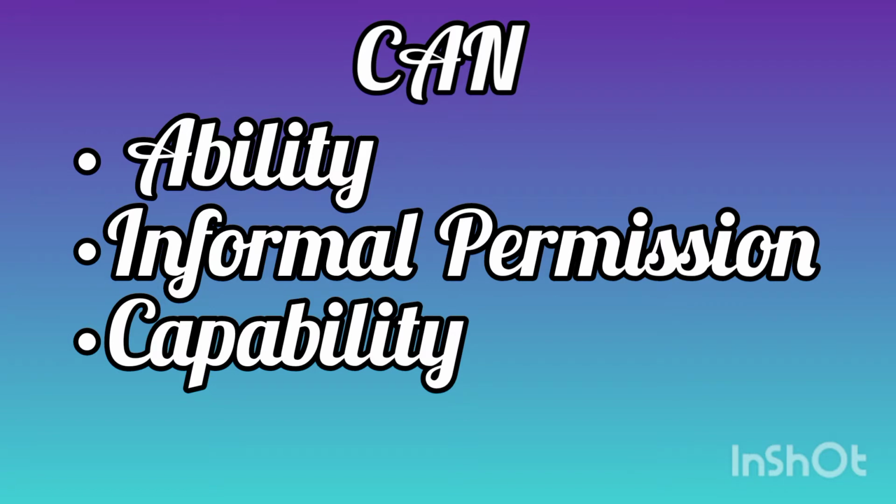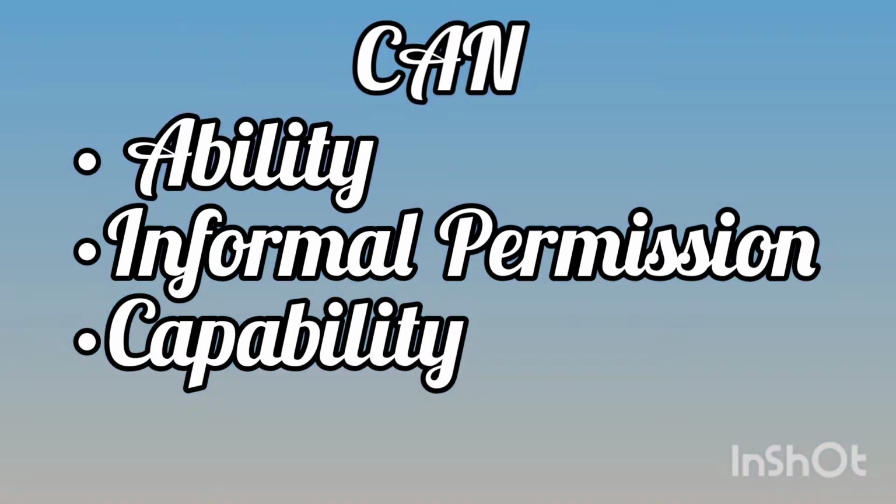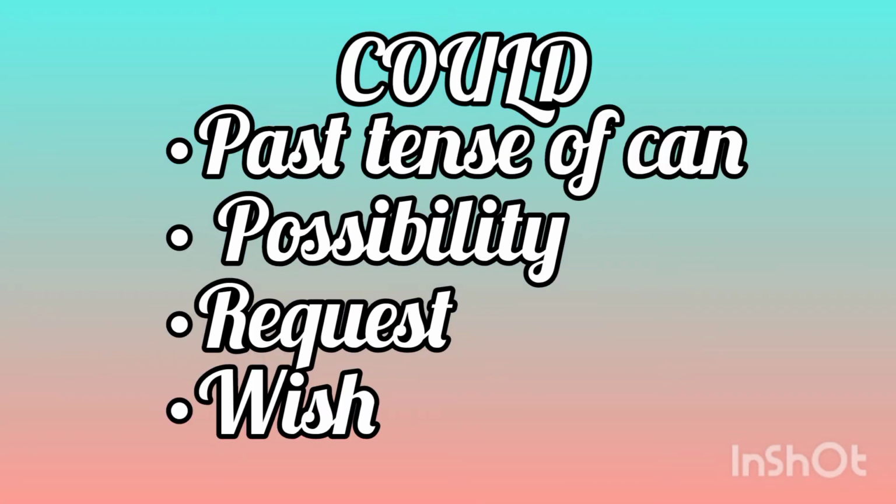Now, let us try and understand could. Could is the past tense of can. In other words, could also shows power, ability or capability in the past tense. Take for example, he could not go to school yesterday.